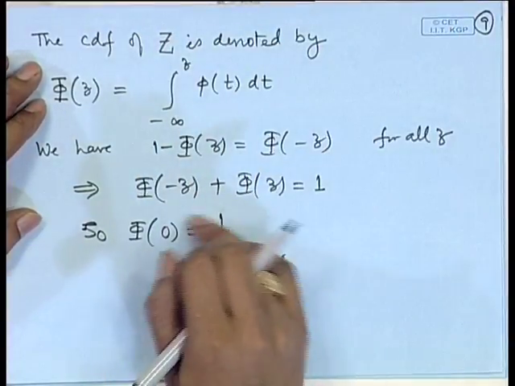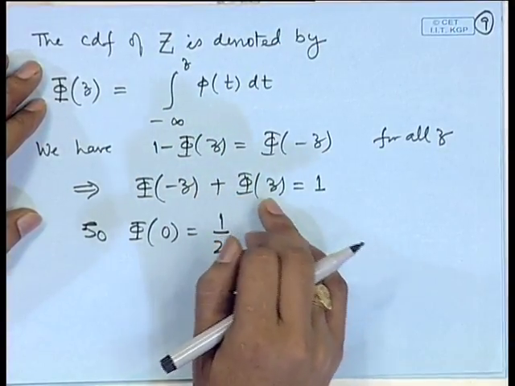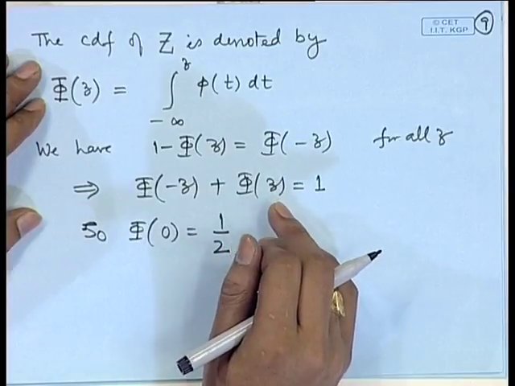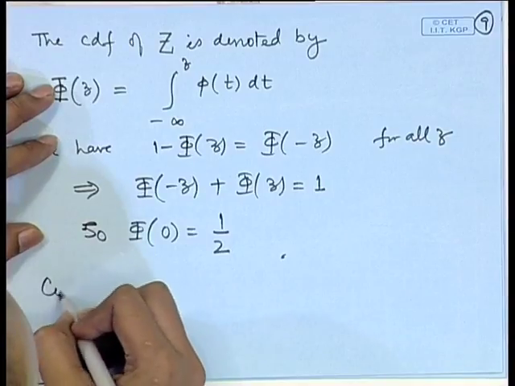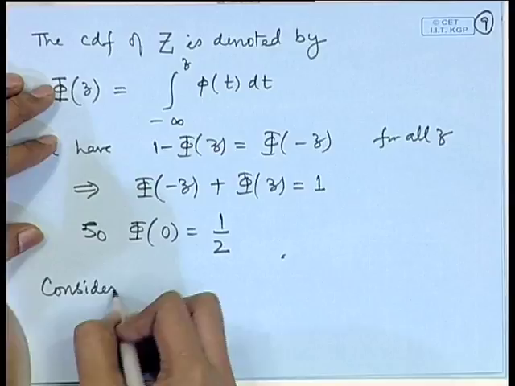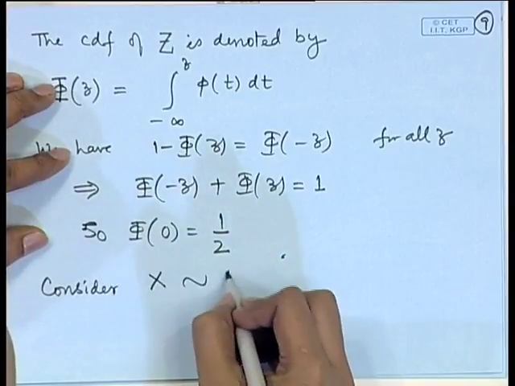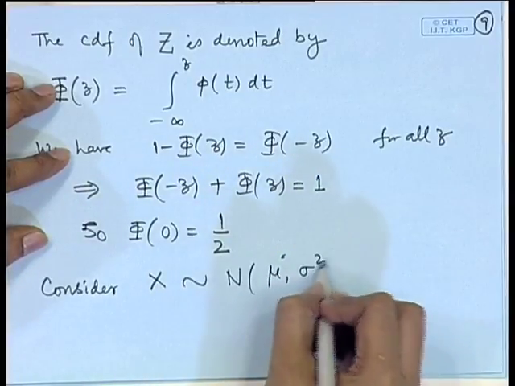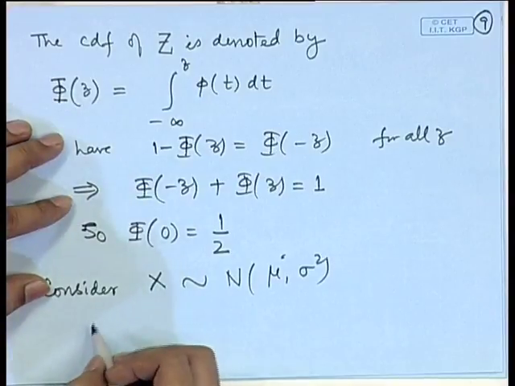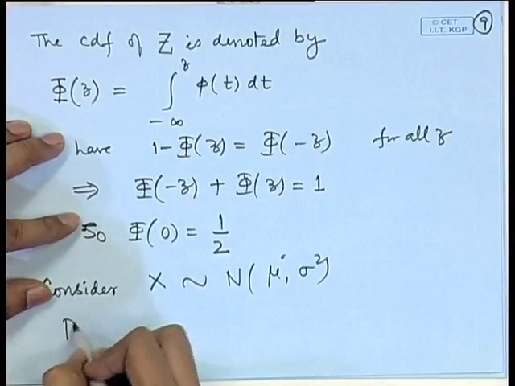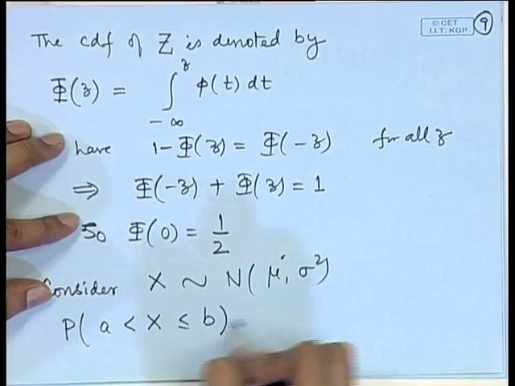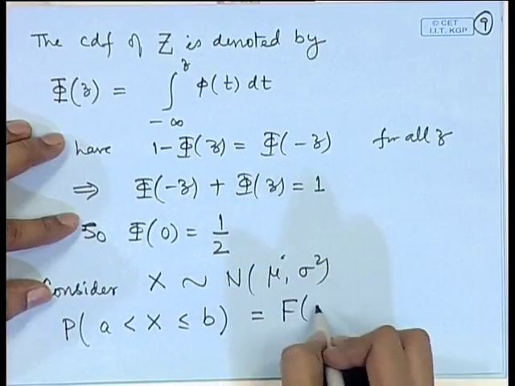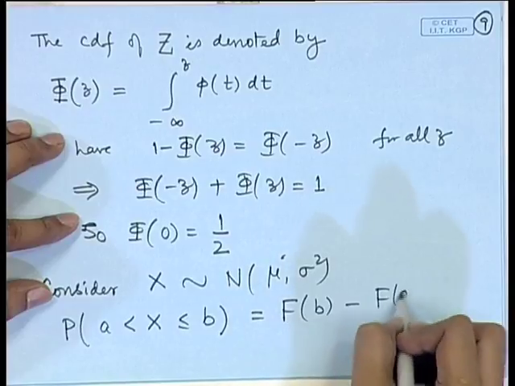Now, this will help us in evaluation of the probabilities related to any normal distribution. So, if we are having a general normal distribution, that is normal(mu, sigma squared), and we are interested to calculate say probability of a less than X less than or equal to b, then it is equal to F of b minus F of a.